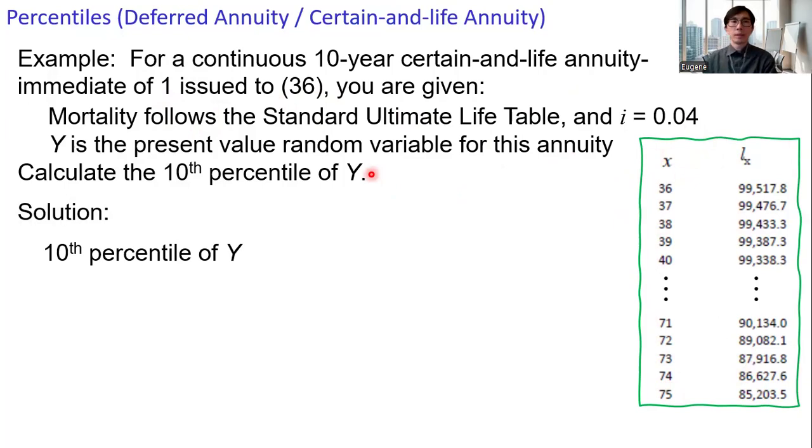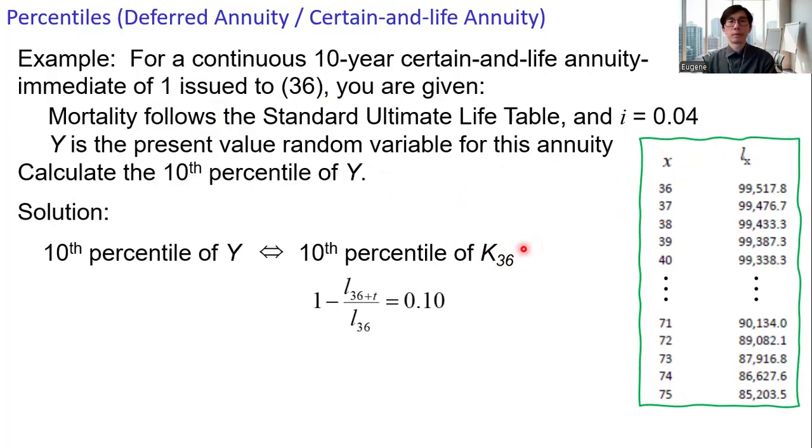All right, this is equivalent to finding the 10th percentile of K36. Assume the continuous case. So we want to solve for the value for t. L36, we have the numbers.